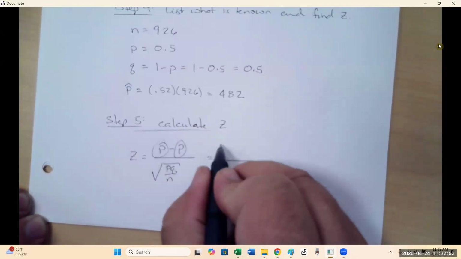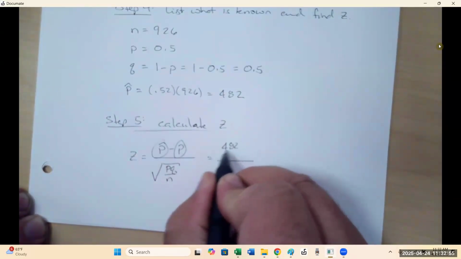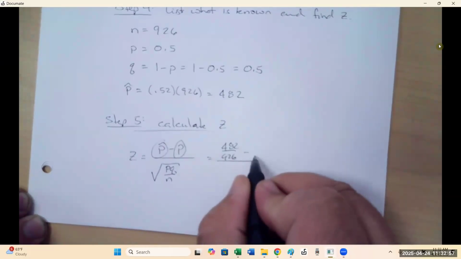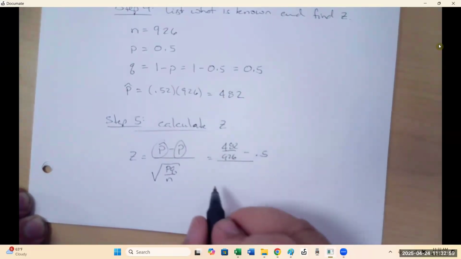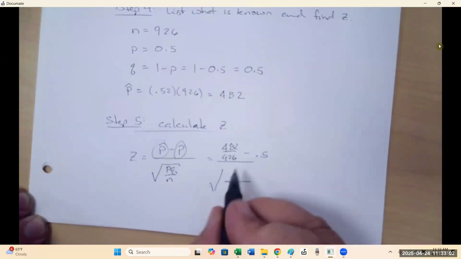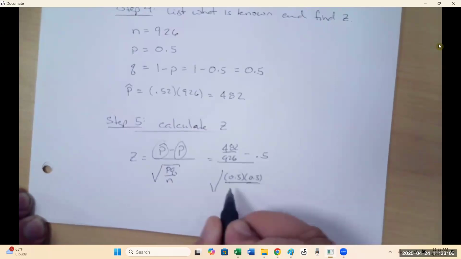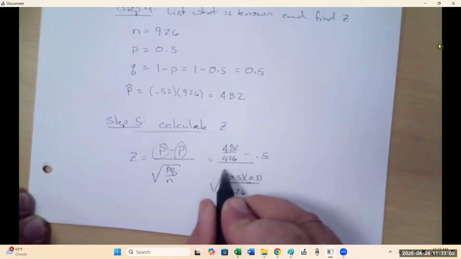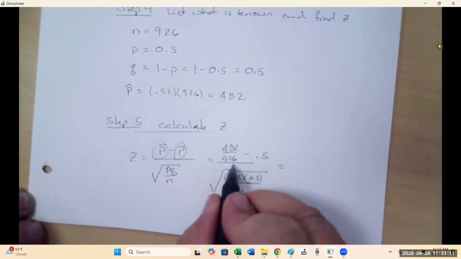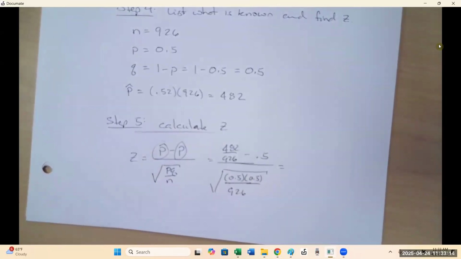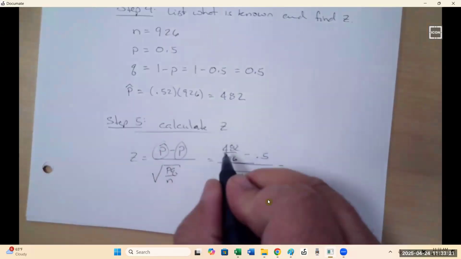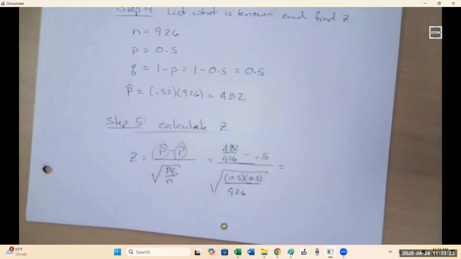These have to be in decimals, so it's our formula 482 divided by 926 minus 0.5. Let me go to my spreadsheet.